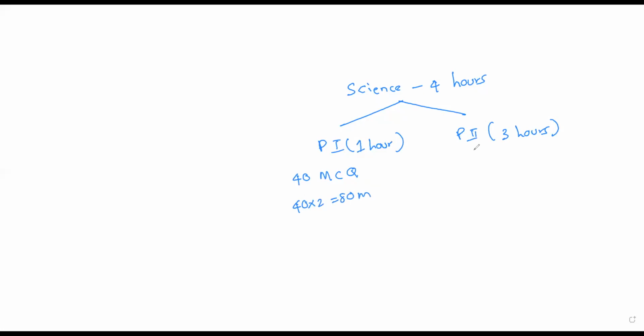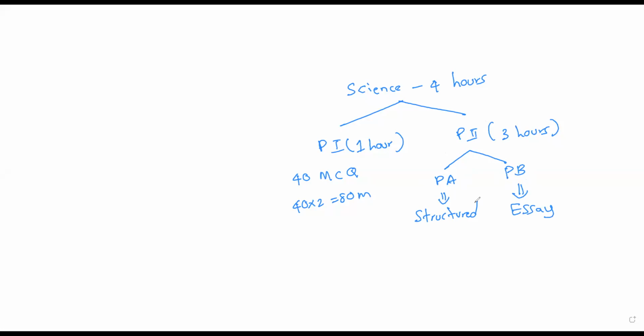Okay. Again, when you take paper 2, children, in paper 2 there are 2 parts, part A and part B. Part A is structured essay questions, and in part B you are going to get essay type questions. Structured essay question means, children, you have to answer the questions on the question paper itself. You can't use any rough papers.